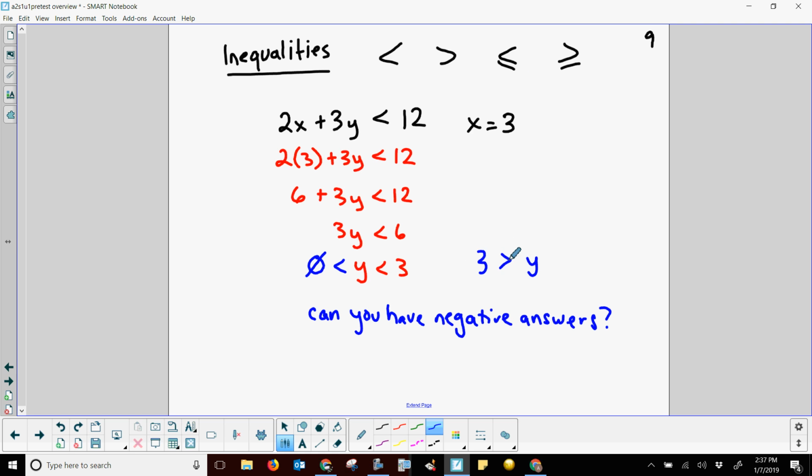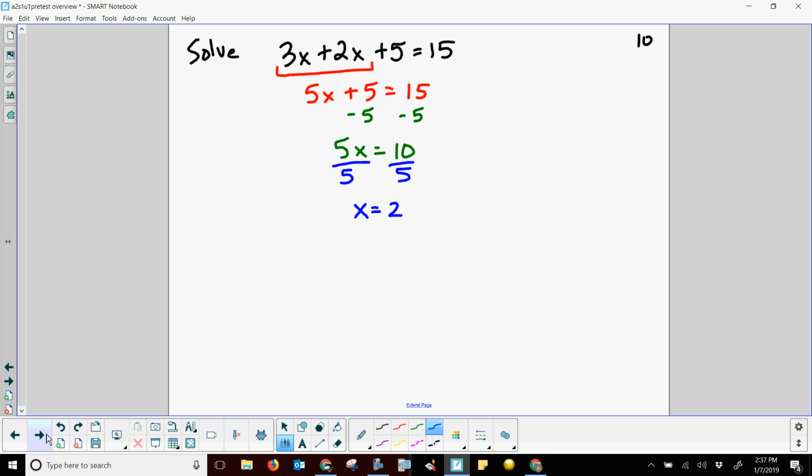The alligator's still eating the bigger number. So can you have negative answers? If not, throw that 0 in front, maybe with the "or equal to" if 0 is okay. But be careful that you don't just go, oh, y is less than 3, I'm done, because maybe negatives aren't such a good thing.